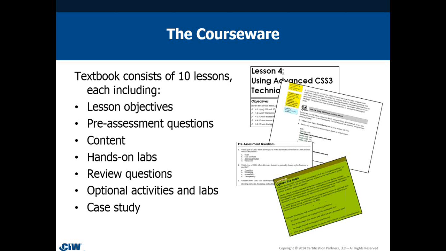There's a number of questions and optional activities and labs that they can do, and then various case studies for each lesson to help the individuals look at what they've learned, how they would apply it in a real-world experience, and then have some discussions about those. So that's the basic courseware.